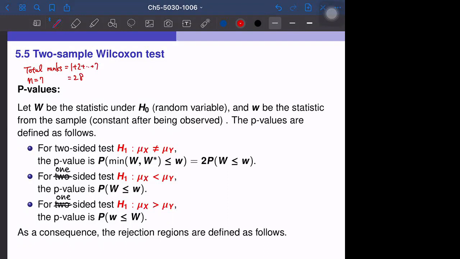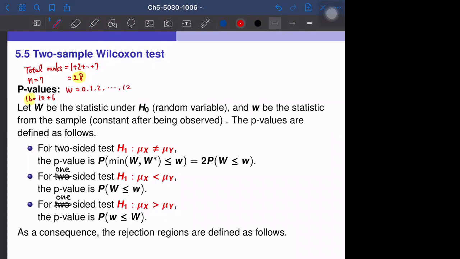W is 2 was the test statistic on the last page, but actually W ranges from 0 to something. Remember that for the sum of ranks of x we subtracted 10, and for the sum of ranks of y we subtracted 6, so the total is already 16. The difference between 28 and 16 is 12, so W is up to 12.